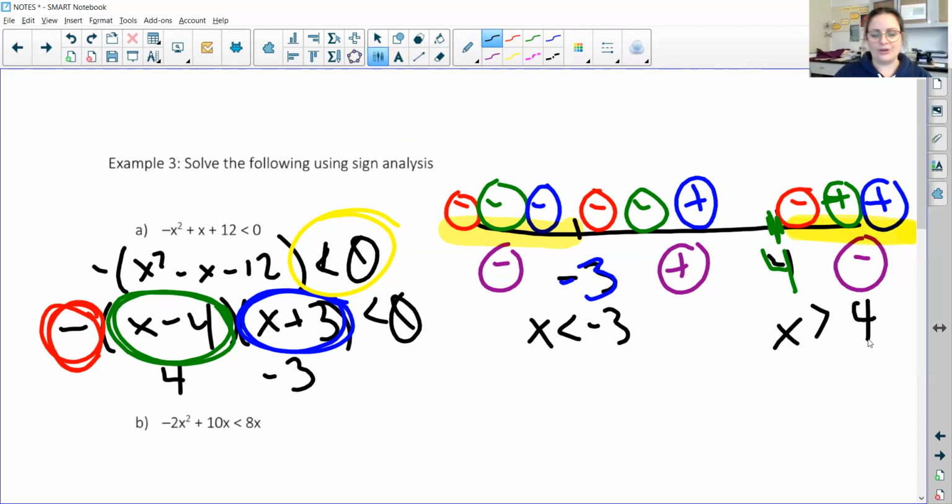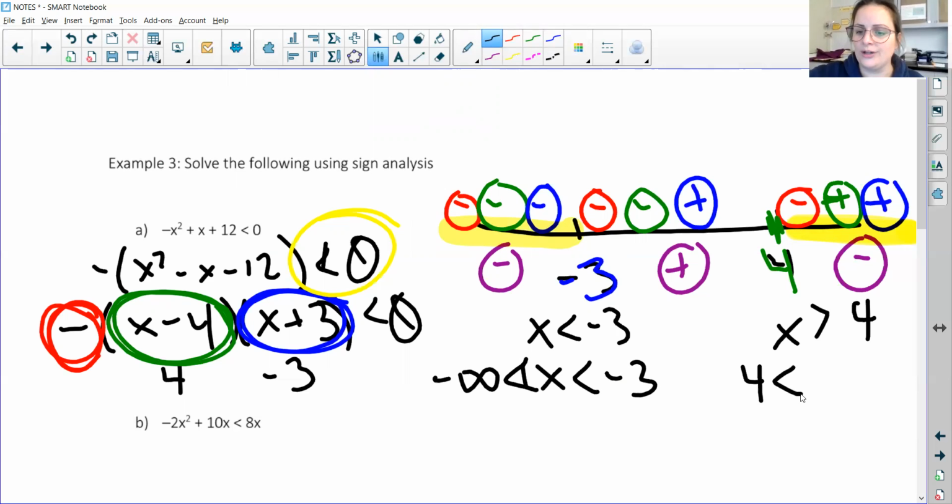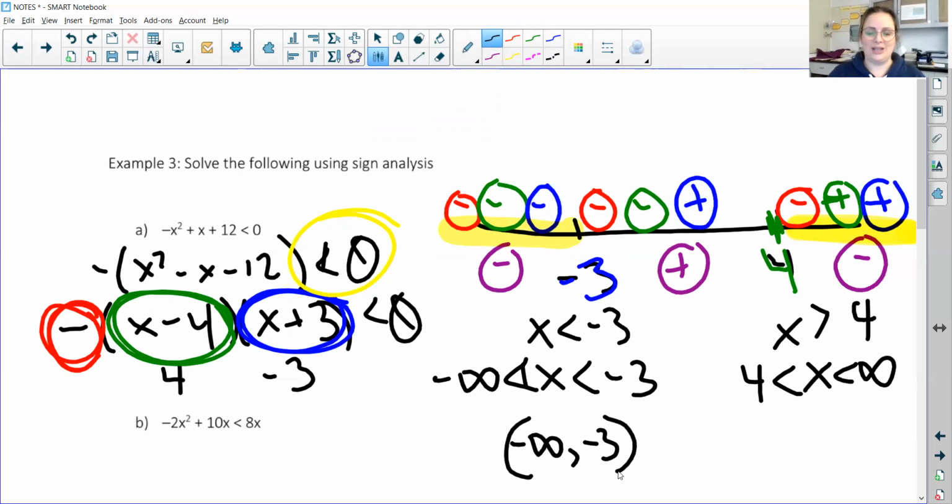Now, to be more thorough with our answers, technically below -3, it would go all the way to negative infinity. So another way of saying this is that x is between -infinity and -3, and for the second one, x is between 4 and positive infinity. To say that in condensed form, we always use a circular bracket with infinity and negative infinity, and we use a circular bracket when it is not equal to -3.